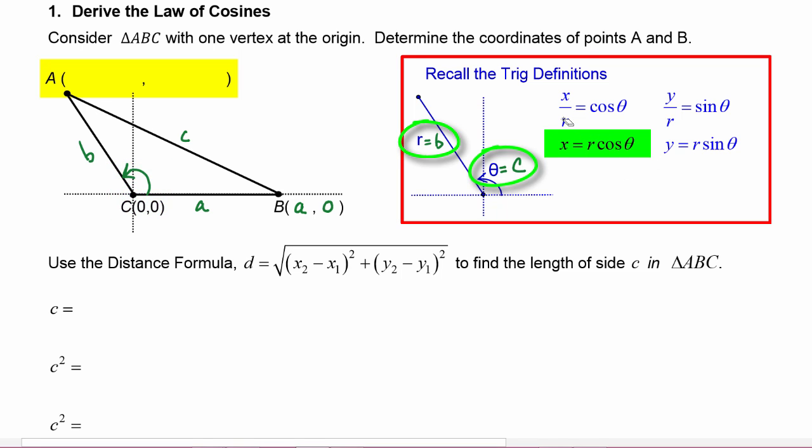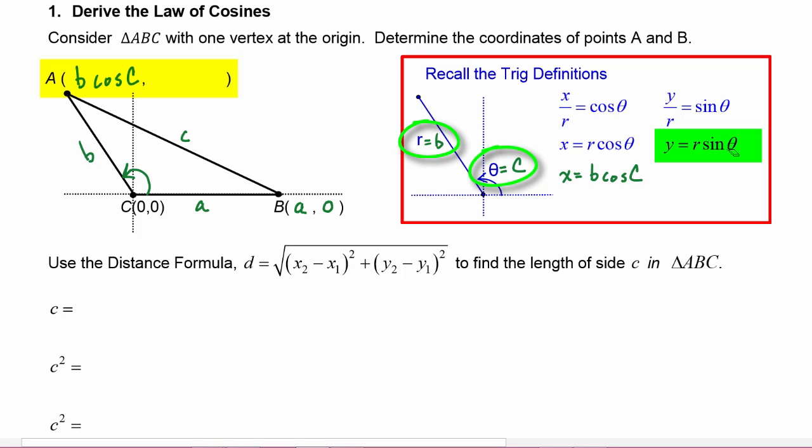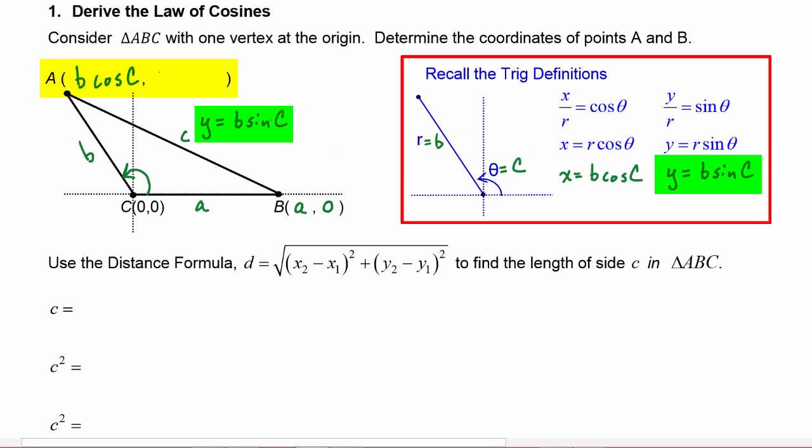Then x equals r cosine theta becomes x is equal to b cosine C. So the x-coordinate of point A is b cosine C. Now, y over r is equal to sine theta, which means y is equal to r sine theta, and with the same substitution, y equals b sine C. So back on our triangle, the y-coordinate here is b sine C.